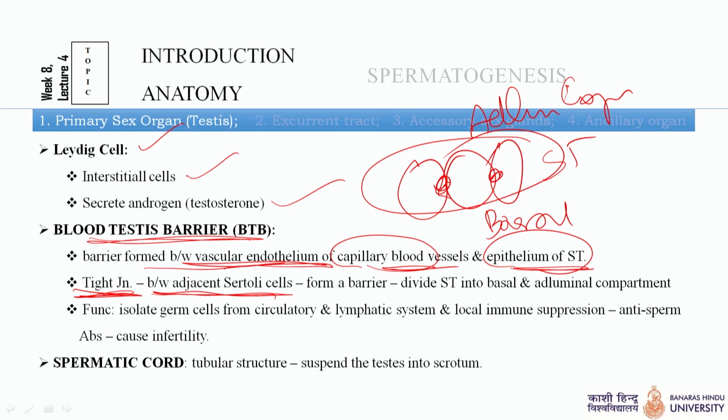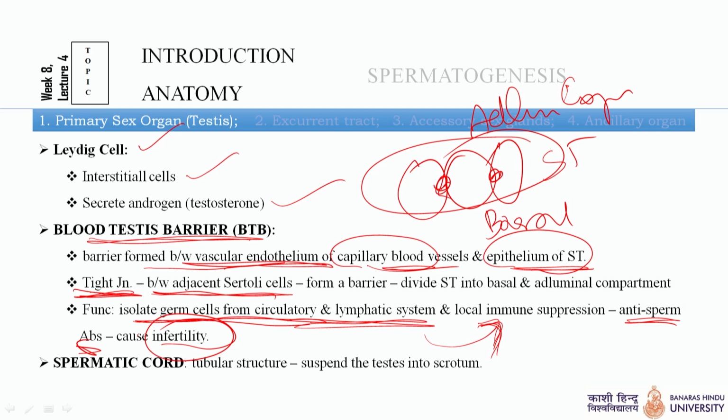Now, why is it required? Because it needs to isolate the germ cells from the circulatory system as well as the lymphatic system. Otherwise, it causes immune suppression by considering germ cells or the spermatozoa as an antigen, okay, and then it produces anti-sperm antibodies that lead to infertility in humans or even in animals, okay.